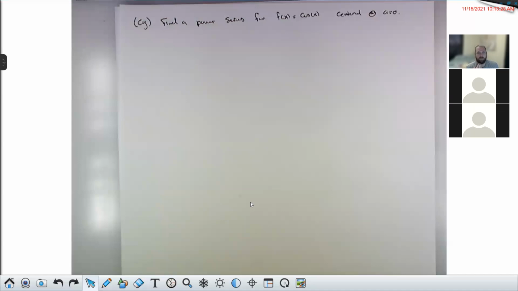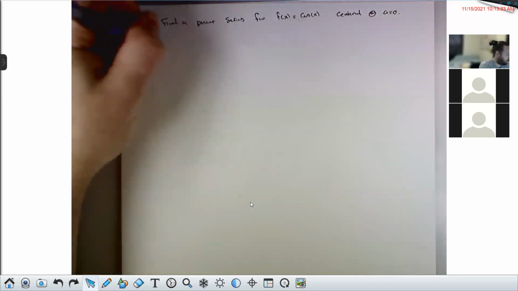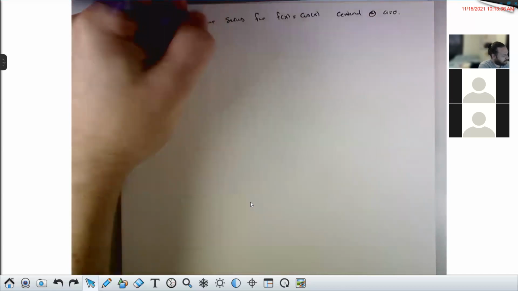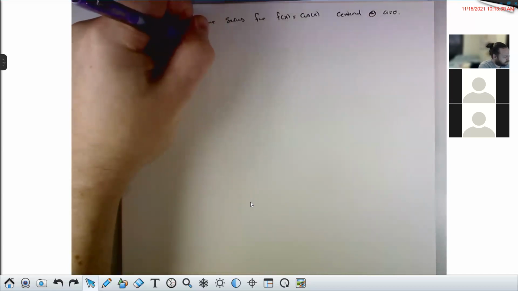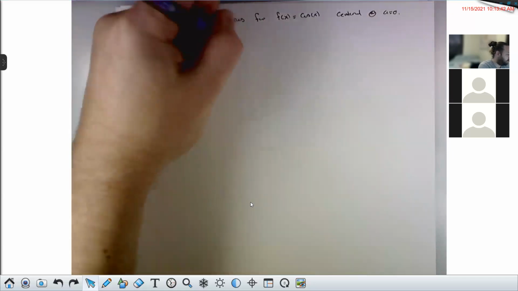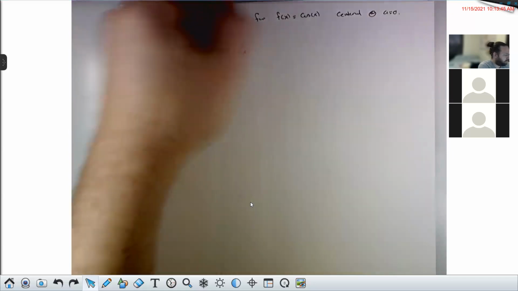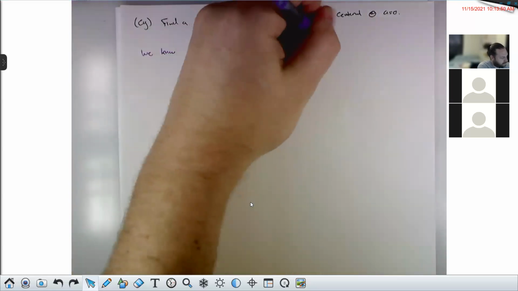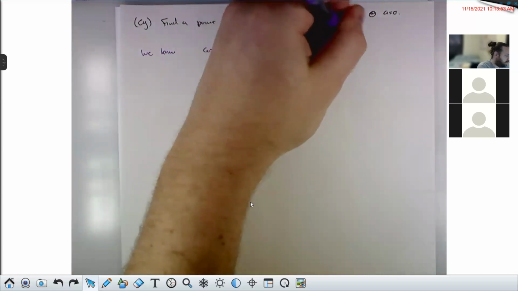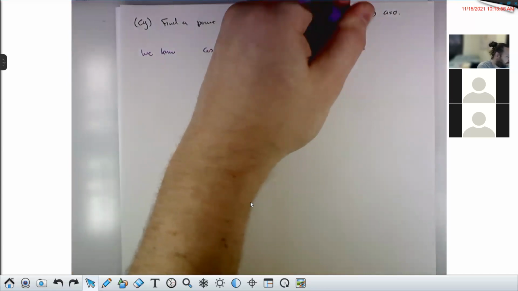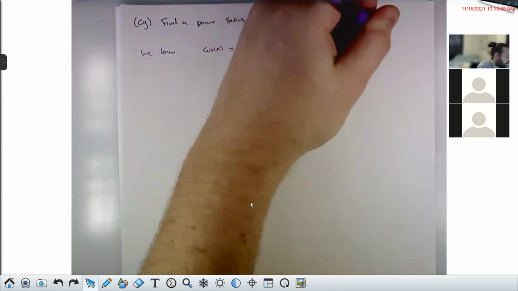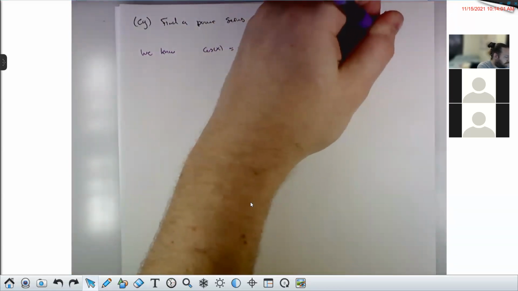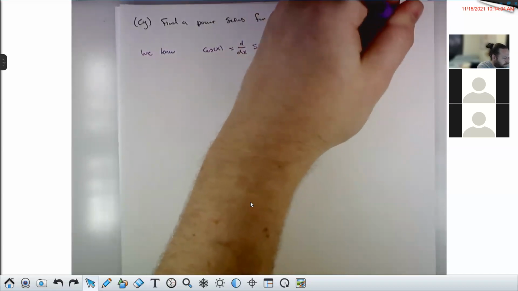Use the sin x power series. Yeah. So we know that cos x is the derivative of sin x, and that sin x is sigma n from 0 to infinity, -1 to the n over 2n plus 1 factorial times x to the 2n plus 1.